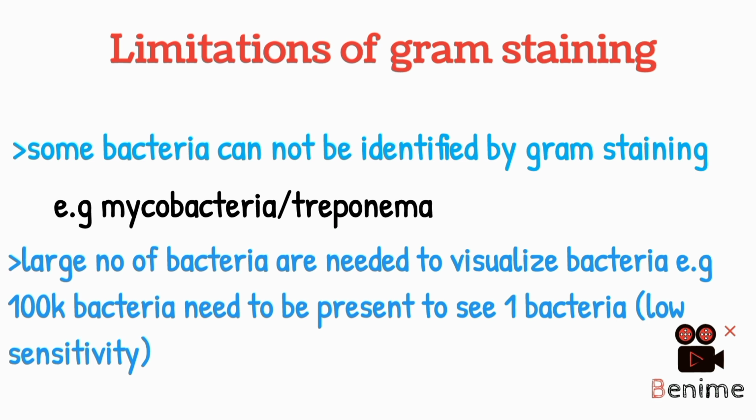If you have a readily available blood sample, you cannot directly do the gram staining. You have to first culture those bacteria, giving time for culturing, and then you will see under the oil immersion lens. When you have a sufficient number of bacteria, only then you can visualize a single gram staining bacteria.